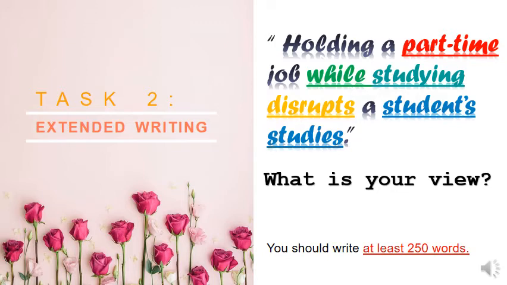If you do not understand my explanation, you may Google what disrupt means later. Okay, we proceed again. Disrupt a student's studies, your studies. Okay. That is basically what this statement is about in general.